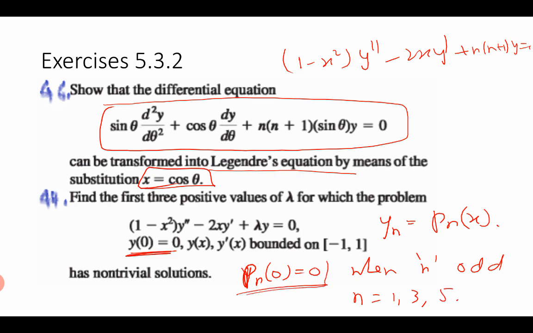Go to the properties of the Legendre function, you will come to know. You will understand this one. When n is equal to 1, what is lambda? Lambda is the coefficient replacing the term n into n plus 1. When n is 1, lambda is 1 into 2.